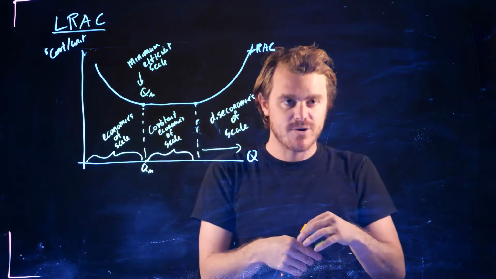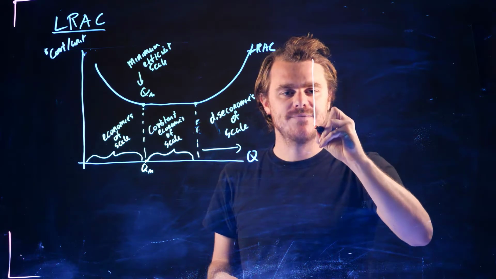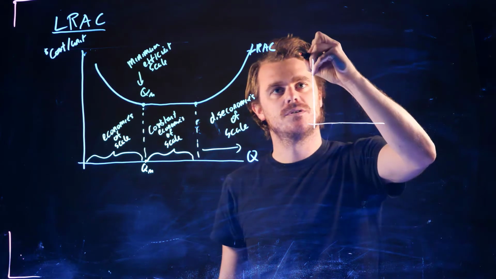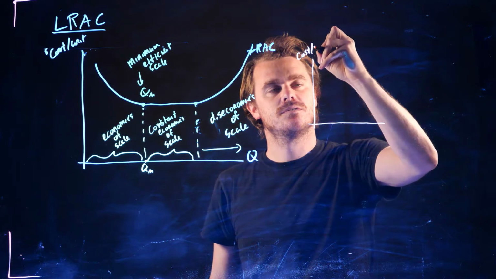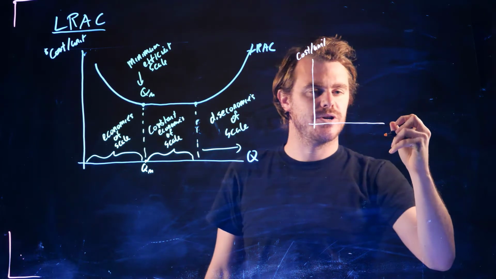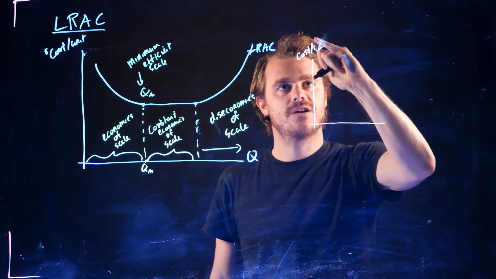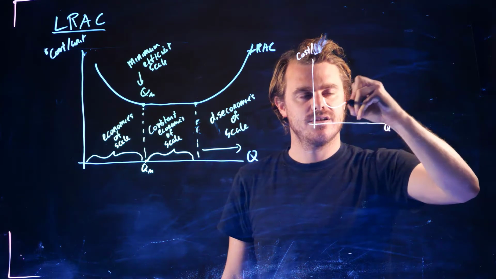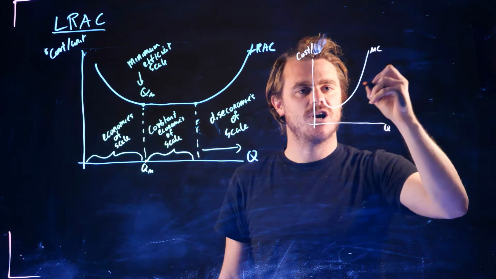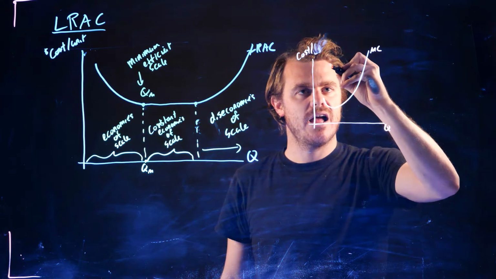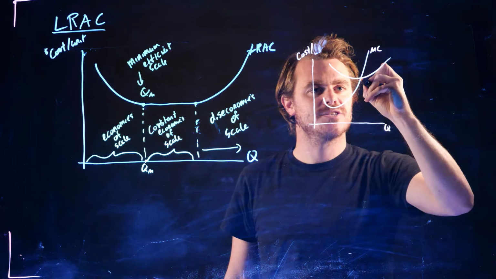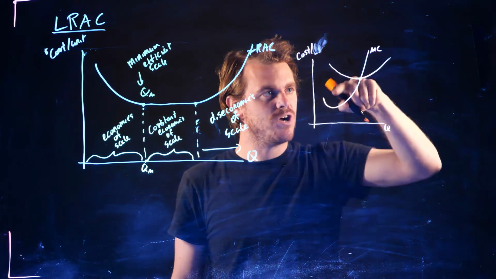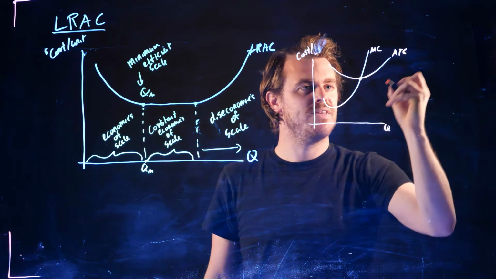If you remember our short run graphs, we had cost up here and quantity here. We had the check mark shape for the marginal cost curve, and then the average total cost curve, where the marginal cost went through the minimum point of the average total cost.